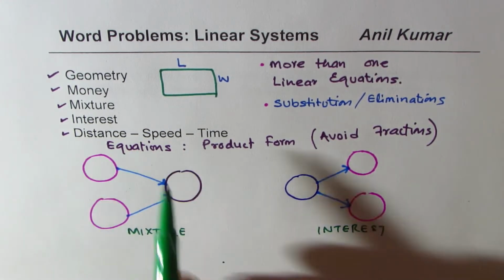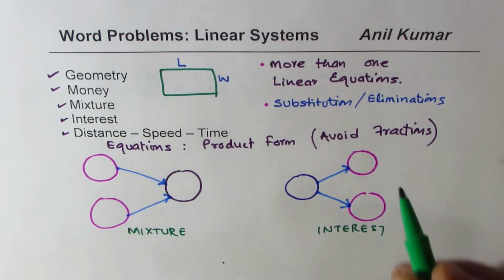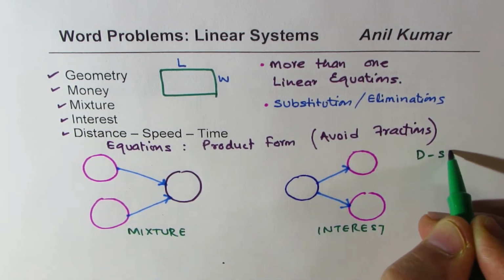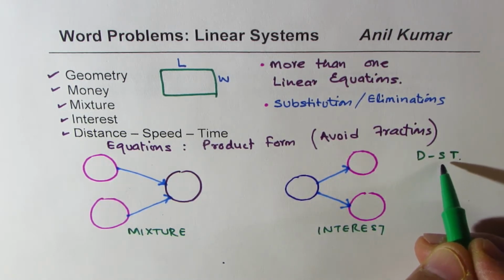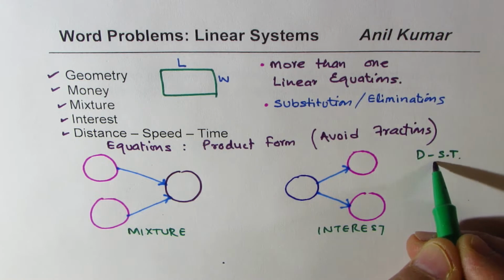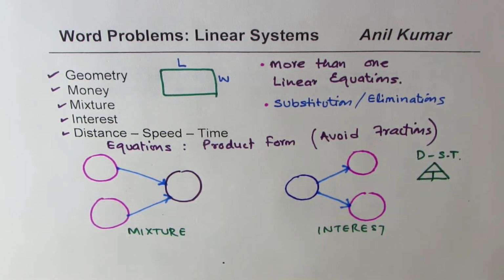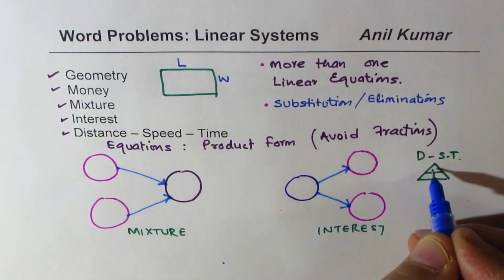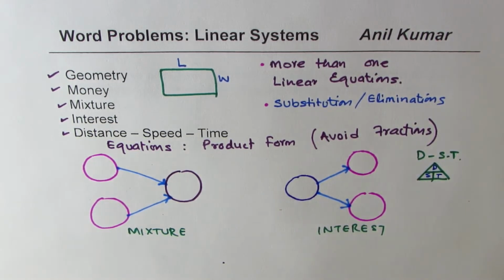Coming back to distance, speed, and time. These problems will be solved using the relation that distance is speed into time, right? So that is the product form.